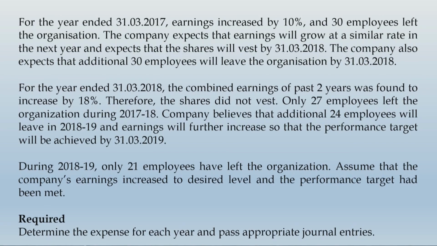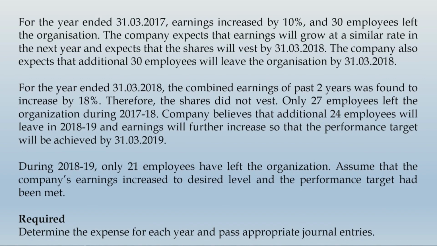The company also expects that additional 30 employees will leave the organization by 31/3/2018. For the year ended 31/3/2018, the combined earnings of past 2 years was found to increase by 18%. Therefore, the shares did not vest. Only 27 employees left the organization during 2017-18.